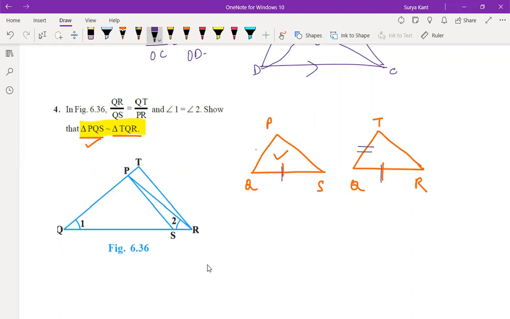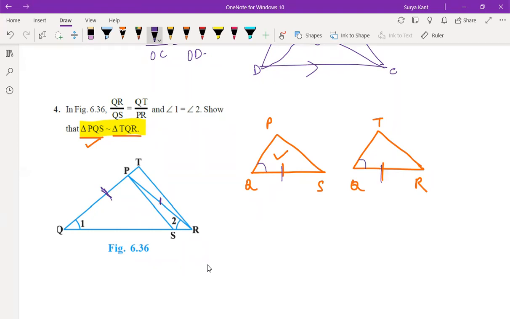Now angle PQS or R, these are both the same, okay? Now QT, where is QT here? QT, complete this, and PR, this one.